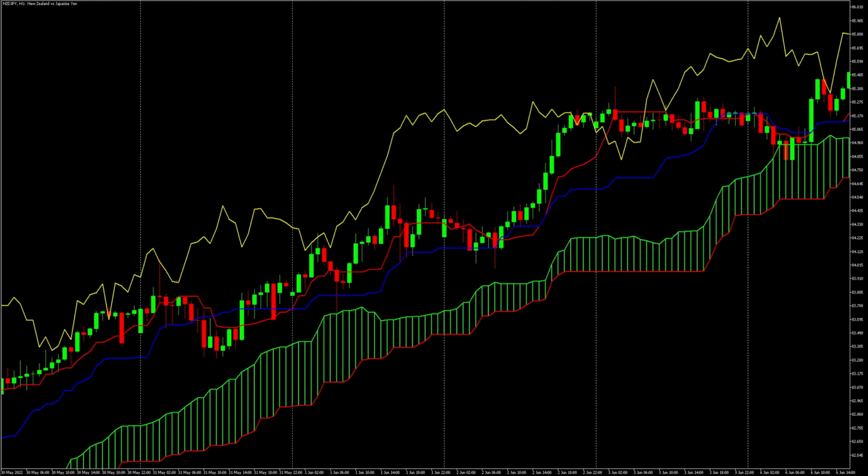And so it's this principle that I'm going to use to determine the rules of the trend filter. And so if price is above the Kumo, then long positions will be allowed, but short will not. And vice versa, if the price is below the cloud, then short positions will be allowed to open, but long positions won't.